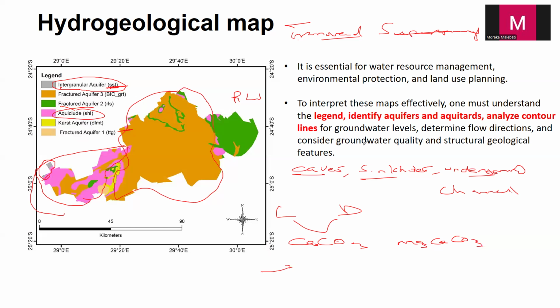That's why we say intergranular, between the grains. These areas would typically be good for groundwater extraction. Why? Because there is high porosity and permeability. So during borehole siting, these kinds of areas would be prime targets.